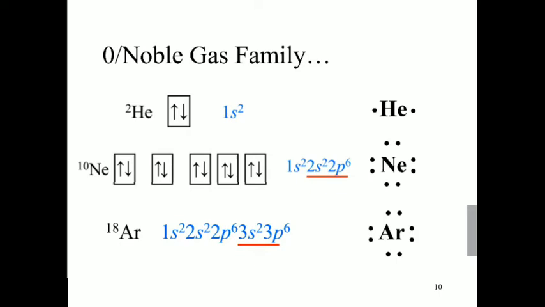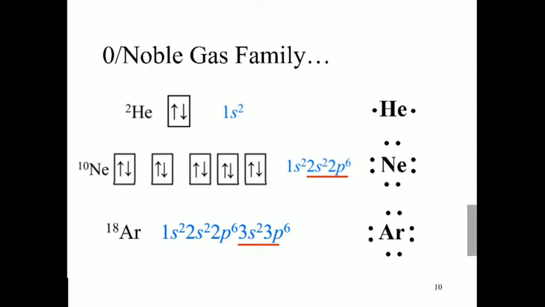From neon, argon, krypton, radon, and the rest of the noble gas family, they have the same number of valence electrons, which is 8. So neon is across second energy level, or across period 2, so its outermost energy level is 2. Argon is across period 3, so outermost shell or outermost energy level is 3.